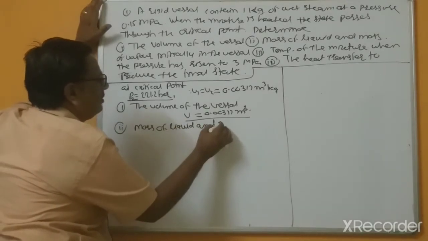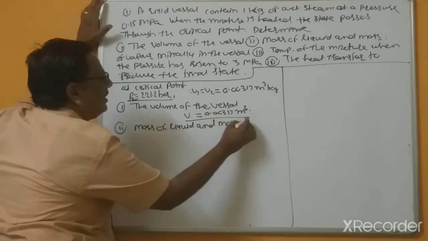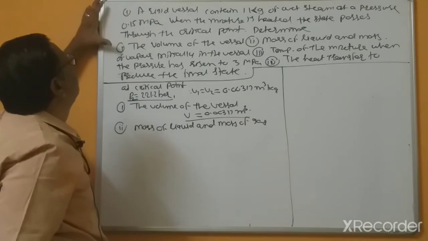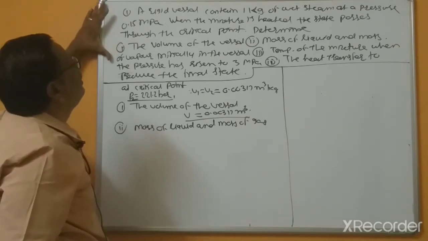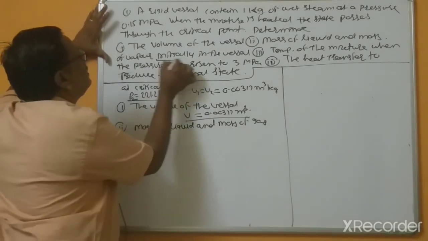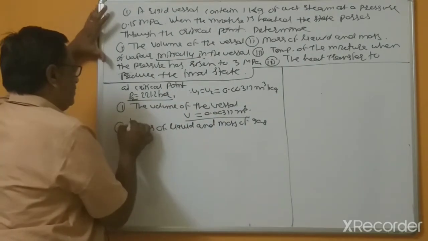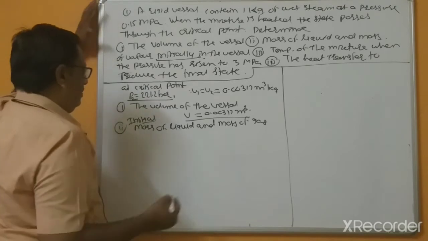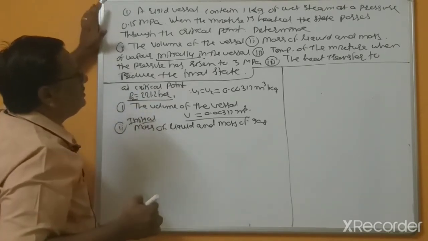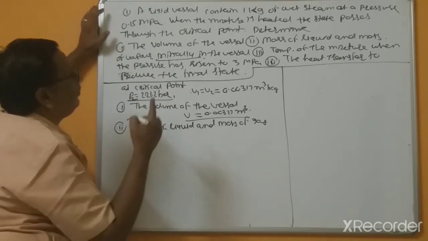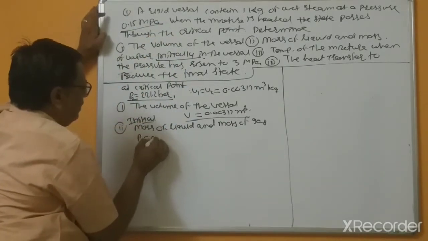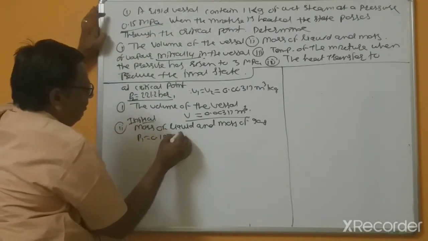and mass of gas. Mass of vapor initially, this is initial. So pressure is given for initial, 0.15. So P1 equal to 0.15 megapascals.